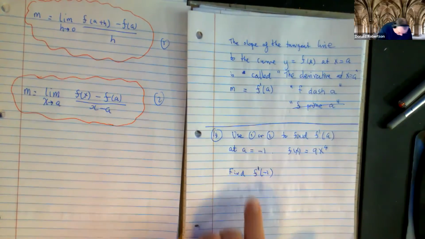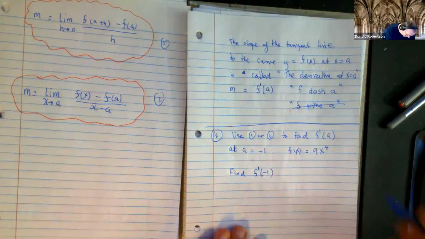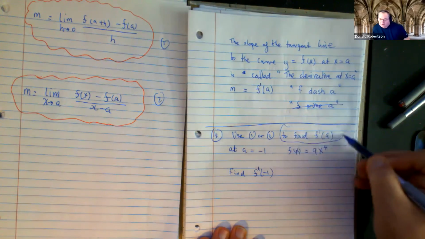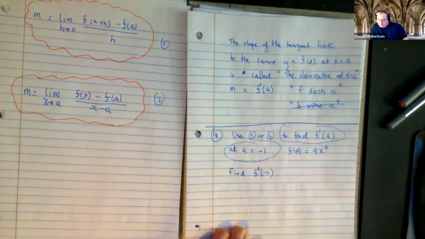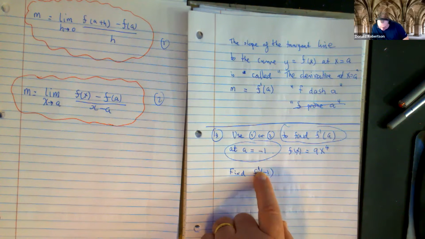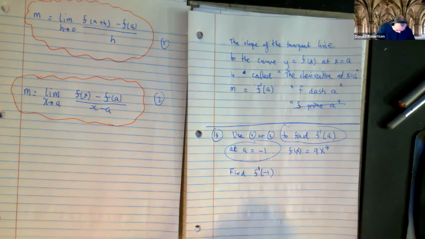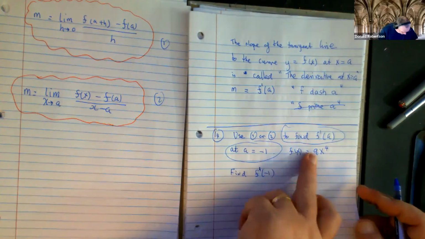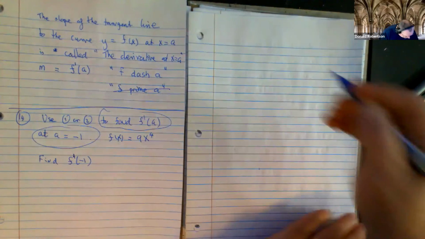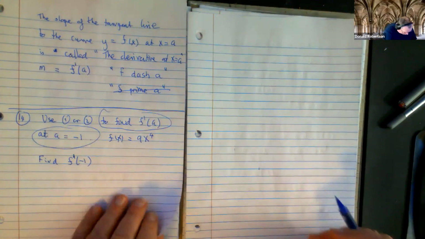Doesn't that mean the same thing as that? That's a much more efficient way of asking me. So this is saying, find the slope of the tangent line to the function f when a is -1, and the function f is this guy. Any preference? Do you want me to do 1 or do you want me to use 2?